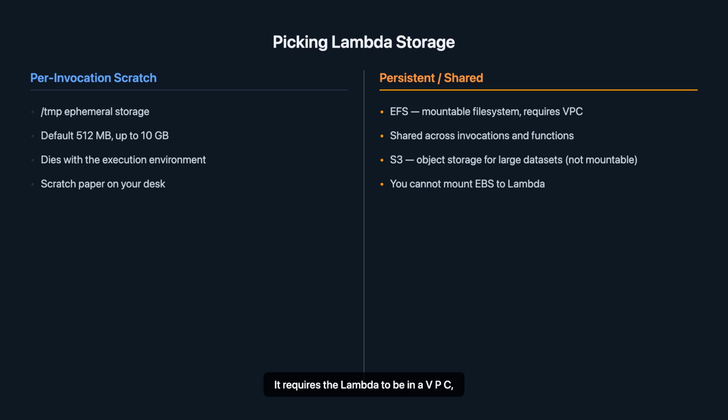It requires the Lambda to be in a VPC, which brings some setup, but it's the answer when you need state to survive. And S3 is object storage for large datasets, bottomless capacity, but not mountable as a file system. One thing to remember firmly, you cannot mount EBS volumes to Lambda. If a question offers EBS as an option for Lambda storage, it's wrong.